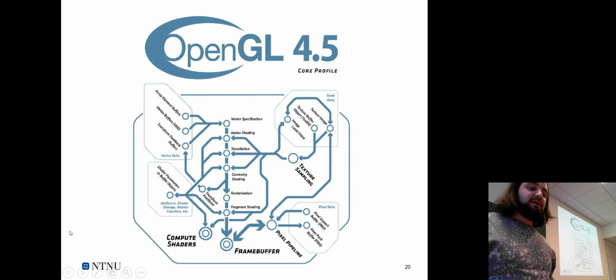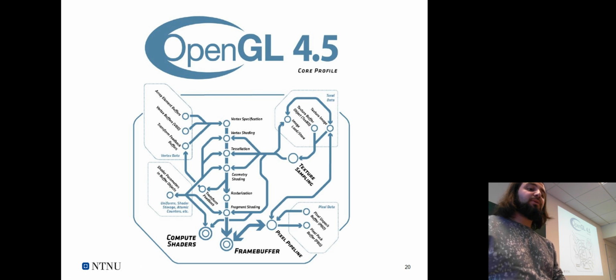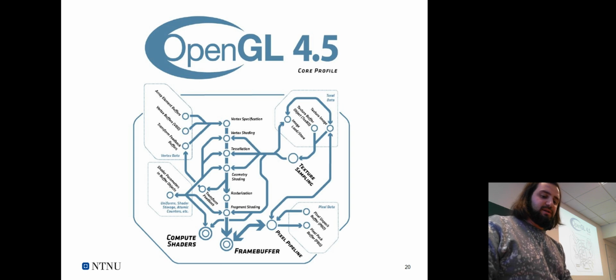And in version 4.6, that is the next version, we have the SPIR-V intermediate language to make it possible to write simpler shaders in different languages and to make it more portable for us, rather than writing in the pretty complicated GLSL, the shader language.